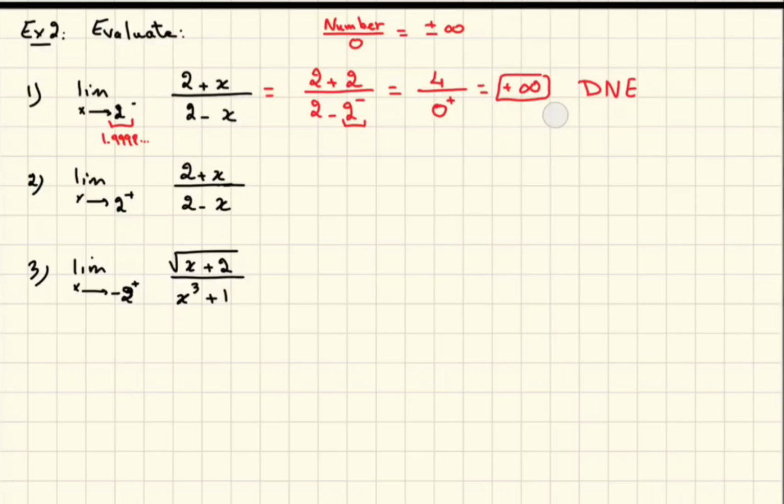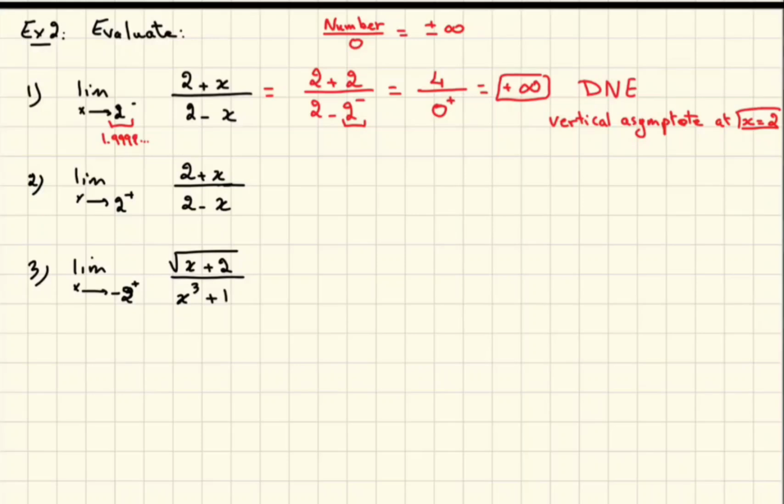So from the limit here we can tell that we have a vertical asymptote, which is x equals 2. It's a vertical line, x equals 2, where the graph will not touch this line.